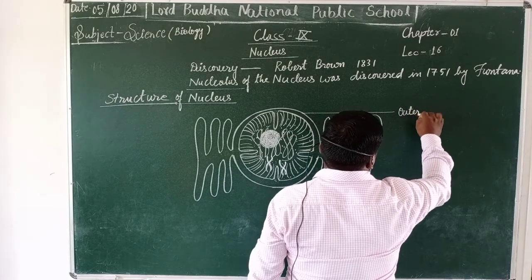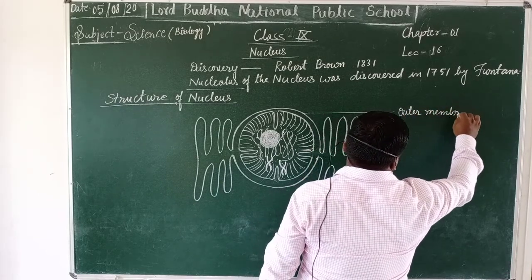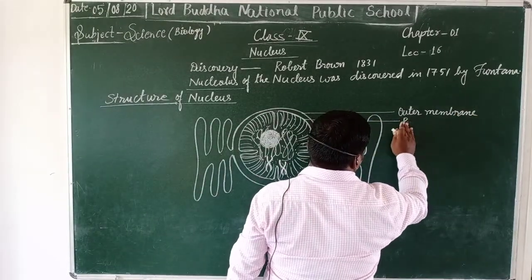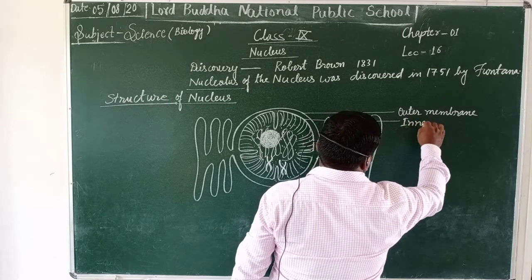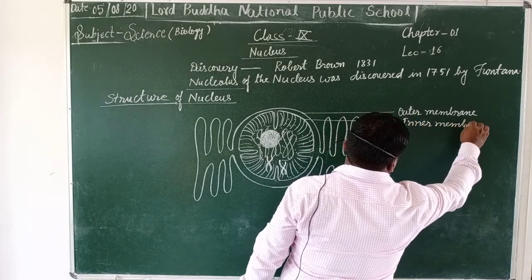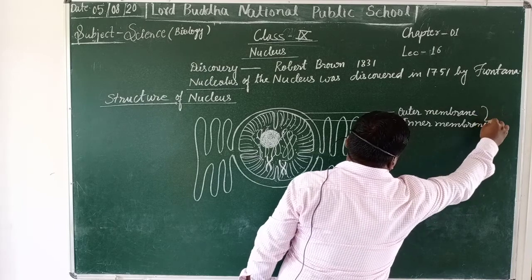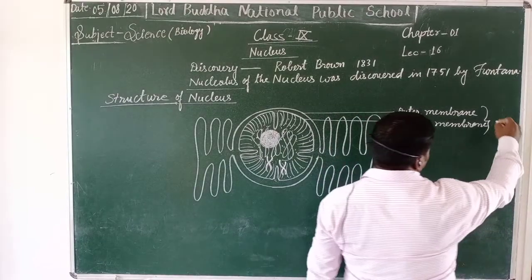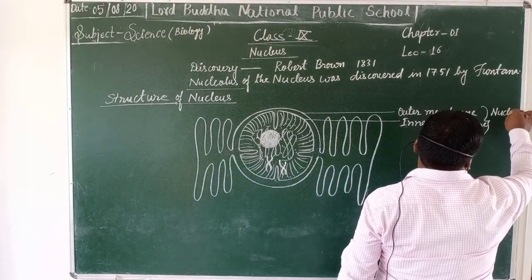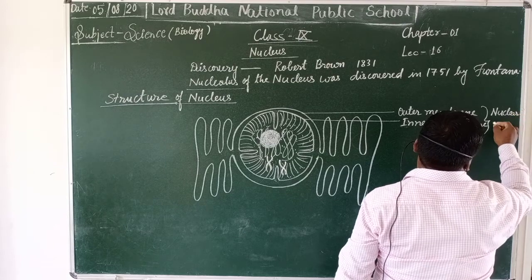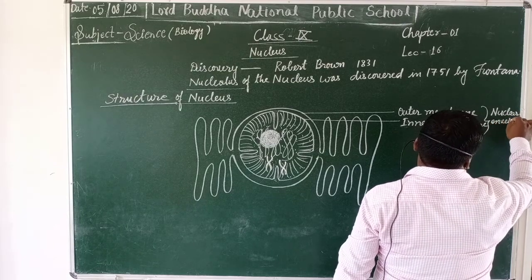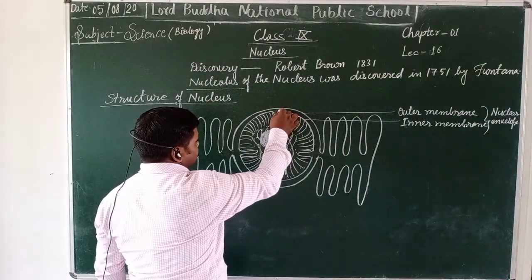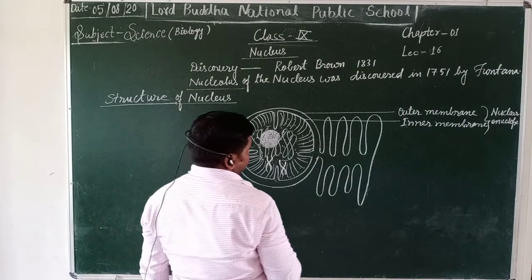The outer membrane, inner membrane. The outer and inner membrane of the nucleus are collectively called the nuclear envelope, because all the content of the nucleus is bounded by these structures.